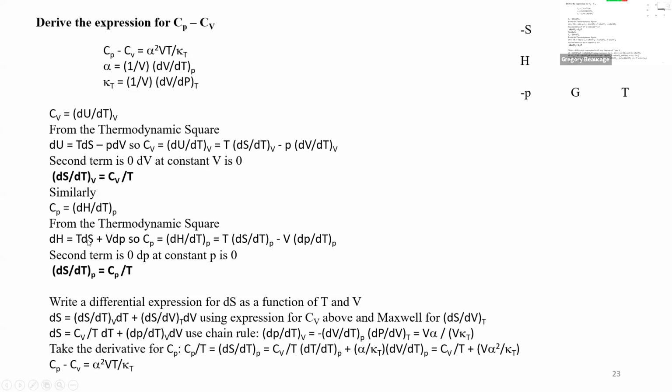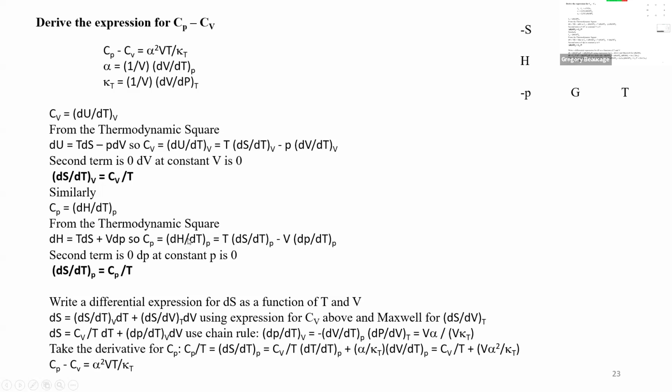So how does that come out? Let me move this guy. dH is VdP + TdS, right? And if it's constant pressure, this term drops out. That means dH is TdS, and Cp is dH/dT.